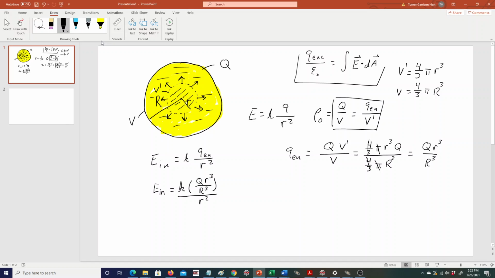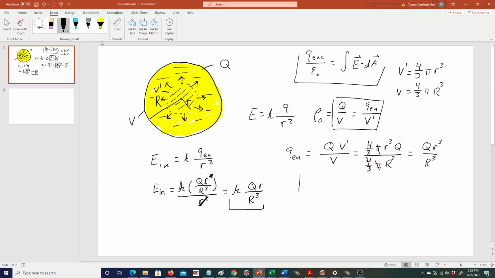So because these two r's represent the same thing, they're the same quantity, I can cancel both of those out with two of these, and I'm left with one r. And so then I get K Q times little r over capital R cubed. So this is the field inside a uniformly charged sphere, okay? This is the field inside a uniformly charged sphere.